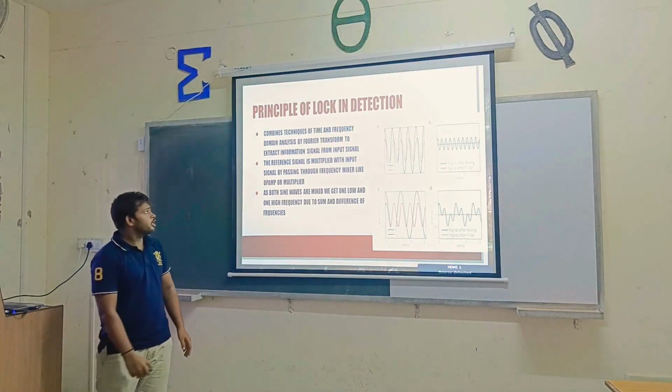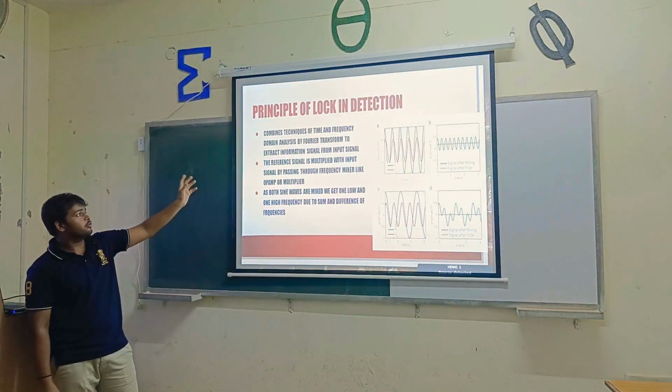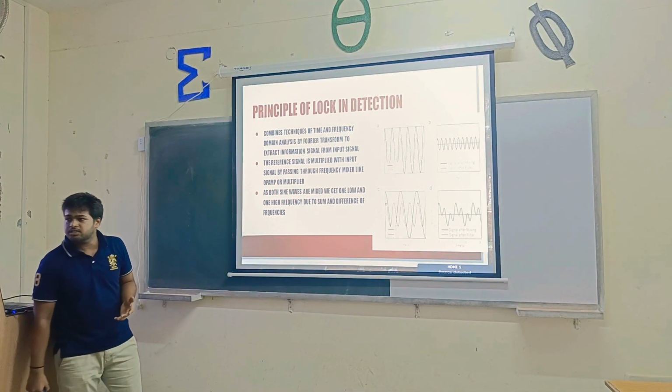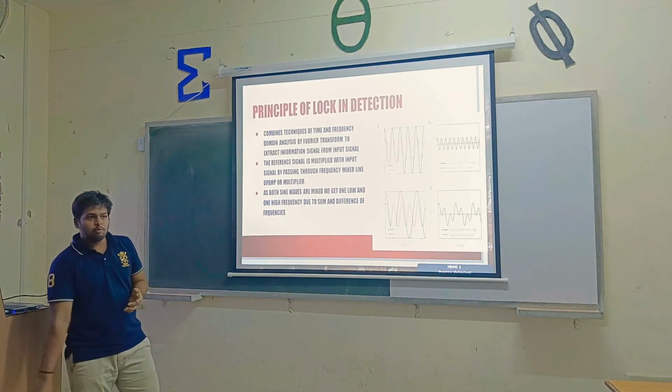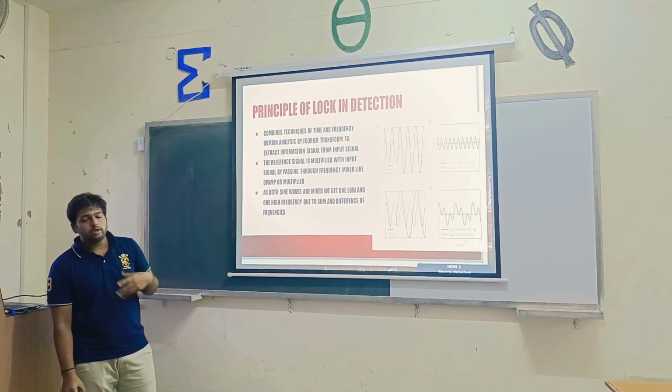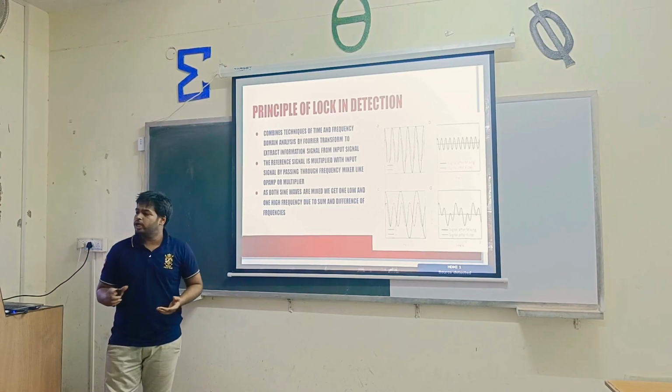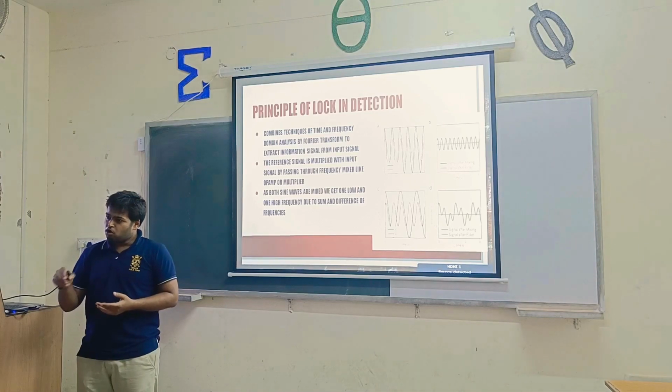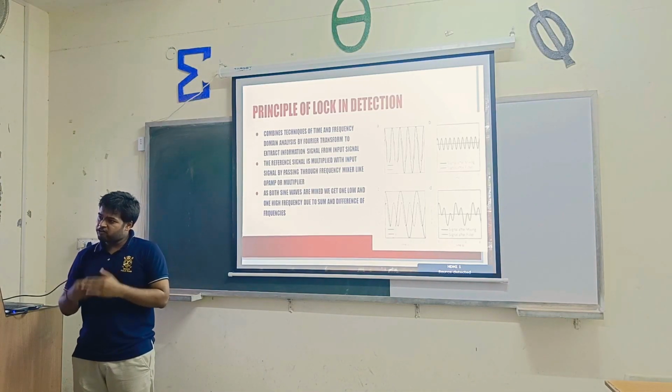Now, the principle of lock-in detection: it combines the techniques of time and frequency analysis in different domains. For that we use Fourier transforms. And how do we do that? To get the specific signal, we multiply the signal with our reference signal.